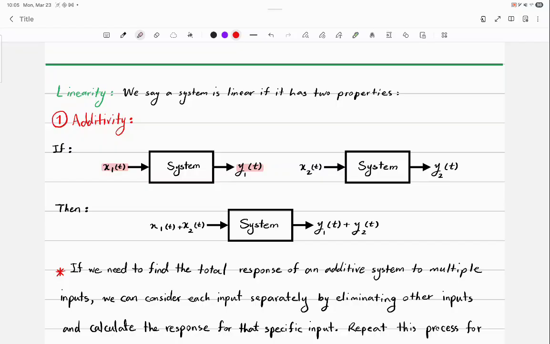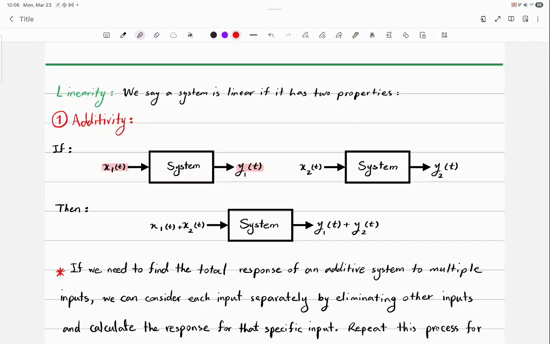And remember, there is no limiting assumption here, okay? This is very general. I'm just assuming the name of the input as x1 and the name of the output as y1. Now, if I give another input to the same system, generally it's going to generate another output, right?